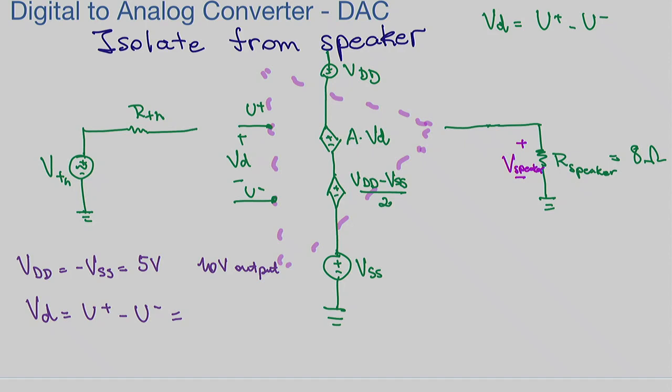So where do you think we should connect the equivalent circuit for the DAC? U plus or U minus? U plus. Okay, so I'm going to take a wire here. Let me make a red wire. And connect here, okay? So now we connected the DAC to our design to U plus.